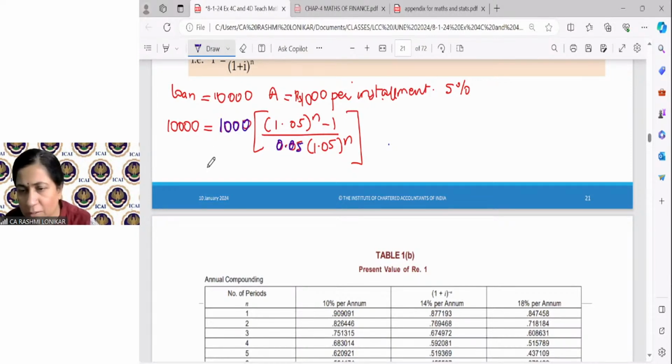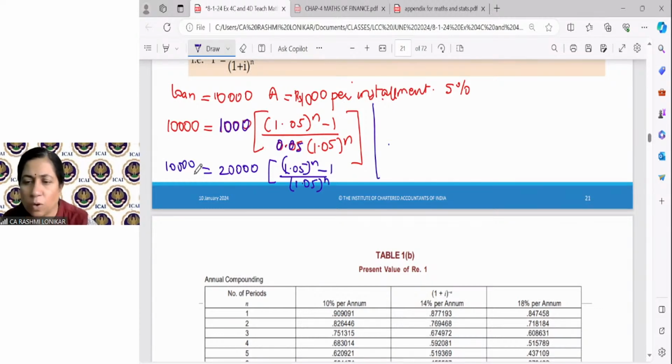How much do I get? This becomes 20,000. And what do I have left? 1.05 raised to n minus 1 upon 1.05 raised to n, and this is equal to 10,000. Now I take this 20,000 down there, so this is 10,000 upon 20,000, which is equal to 1 half.